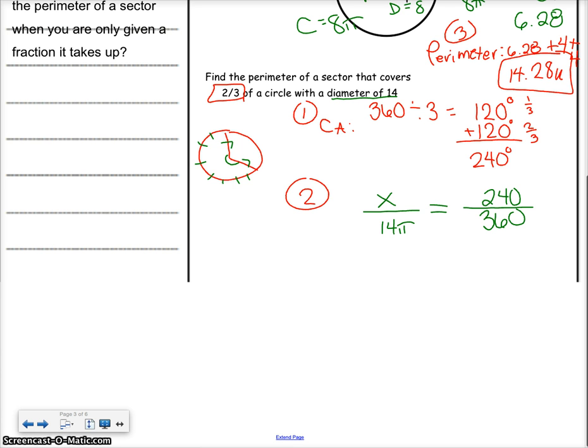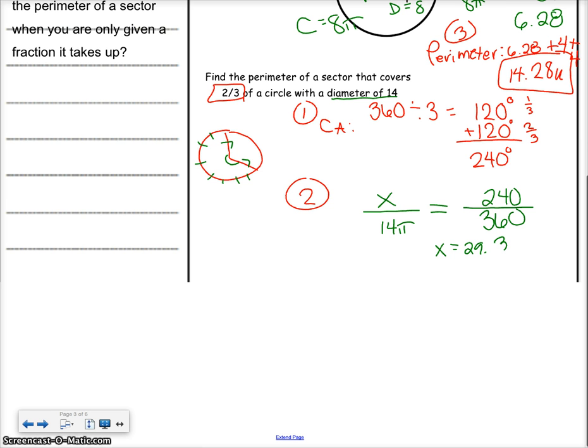Then I multiply and divide to solve this proportion. 240 times 14 times 3.14 divided by 360 is 29.3. X equals 29.3. Now keep your eye on the prize here.